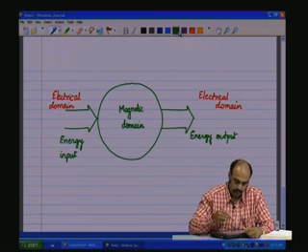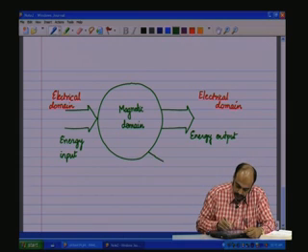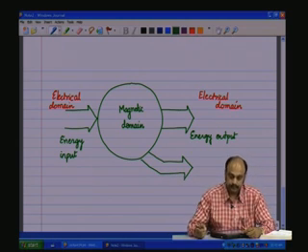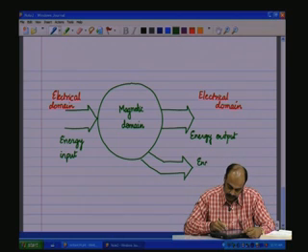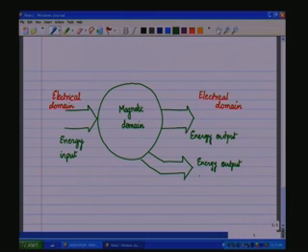Now, if we had one more output apart from the electrical output, an energy output in the mechanical domain, this is the basis for the induction motor.